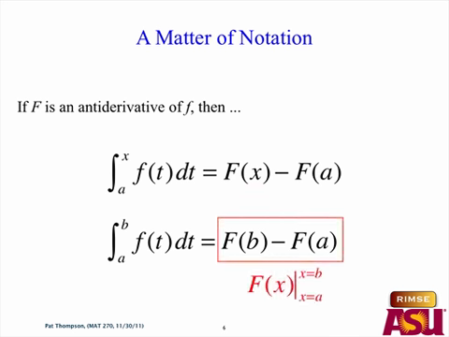Okay, so there's this notation that helps write this a little more compactly, and we'll use this. So make a note of this. When you're taking a function and plugging in two values and subtracting, which is what we do with this closed form accumulation to get the net change, we just write the function once, and then we put a straight bar, and then we write what is called the lower limit, and then the upper limit.